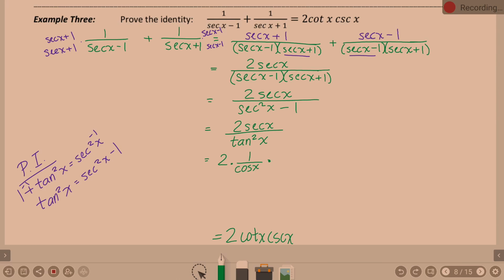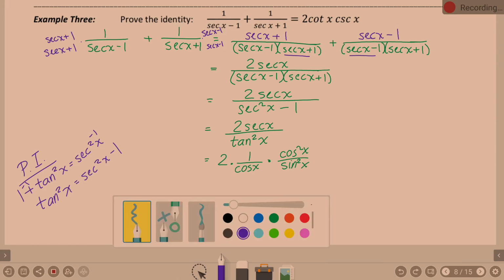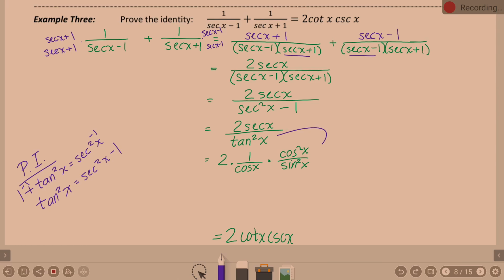But if I keep, change, flip, sine squared over cosine squared becomes cosine squared over sine squared. So from right here to right here, that was a keep, change, flip, yes?